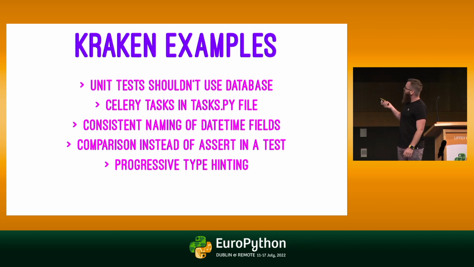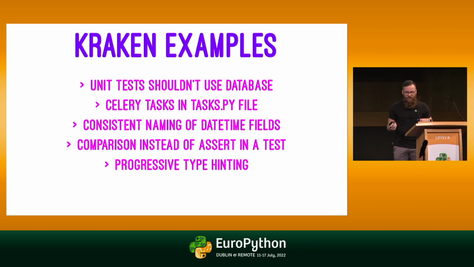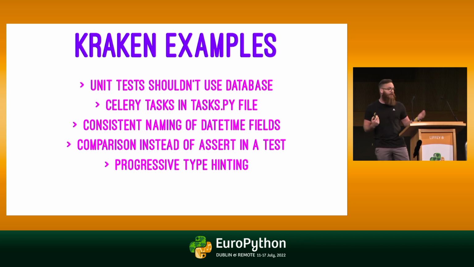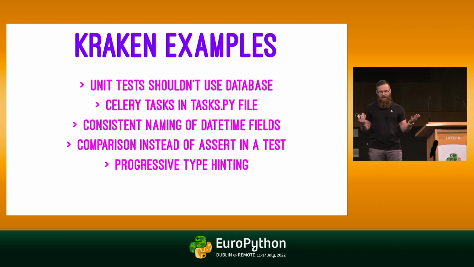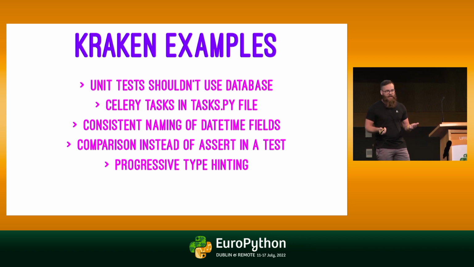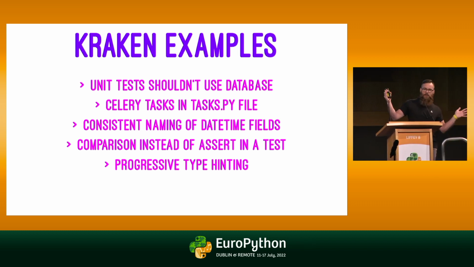And then we do some progressive type adding. Kraken is such a large code base, been around for 5 or 6 years, and we are slowly adding typing to it. So we have linters that say when you add a new function, you have to add a return type. We run flake8 on just the diff of a file, so that when you open up a file that has 1,000 lines in it, and we just added a new flake8 rule that says you need return types on all your functions, you don't have to be the person that goes through and adds return types to 15 functions.